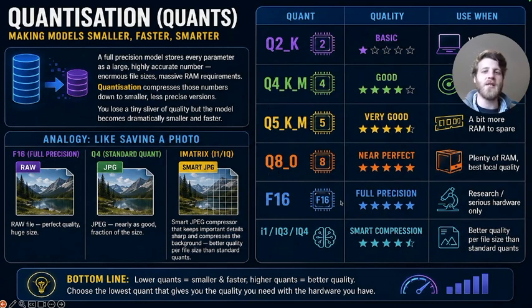It's essentially telling the user, us, who is looking to download or search for a model, the amount of times the full precision model has been compressed in order to facilitate easier use on lower capacity machinery.